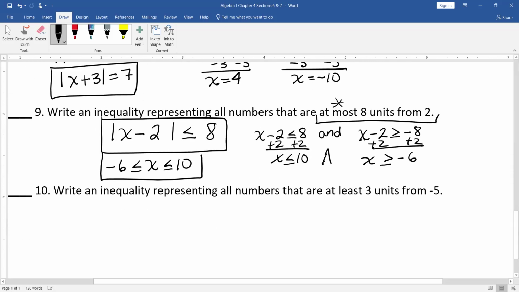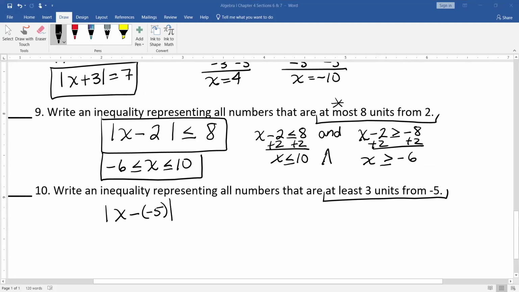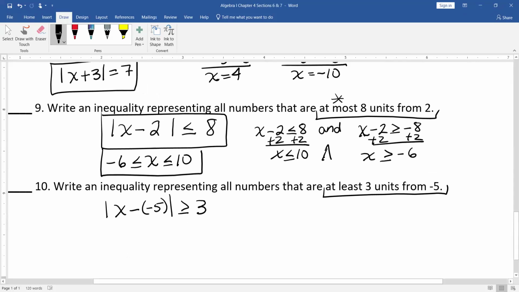All right, the next one is at least 3 units from negative 5. So x minus our origin, which is negative 5, and at least means it must be greater than or equal to a distance of 3. All right, so I'm going to simplify this.